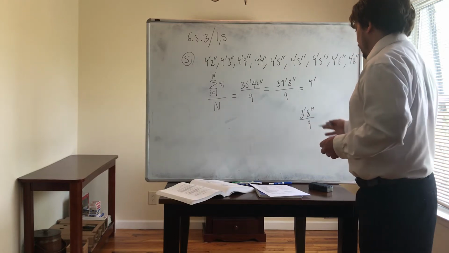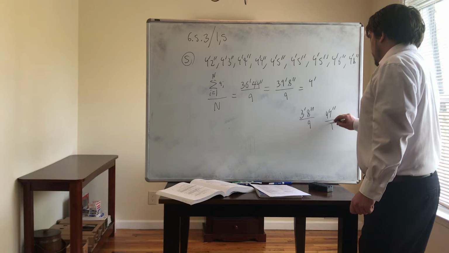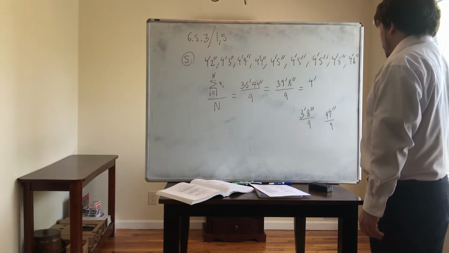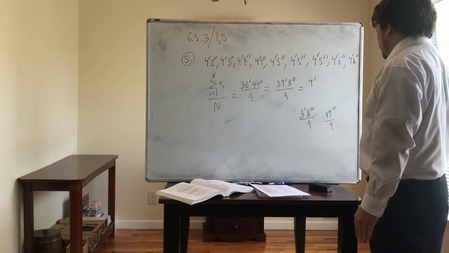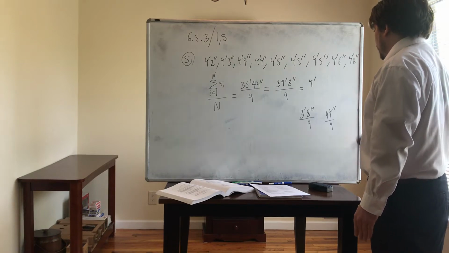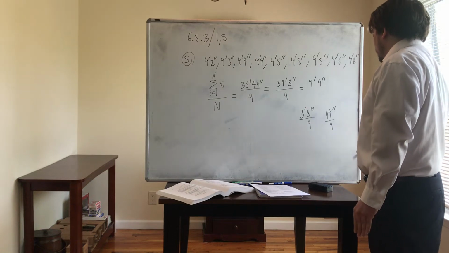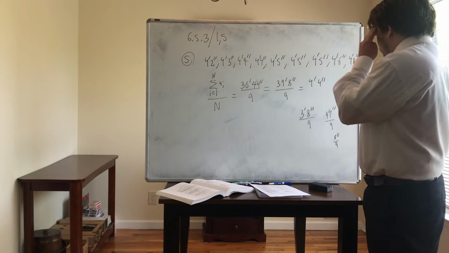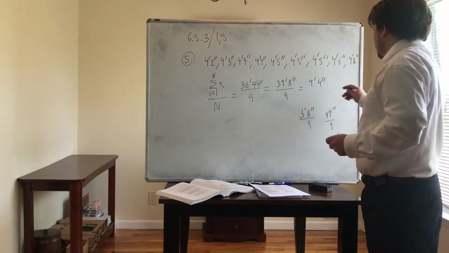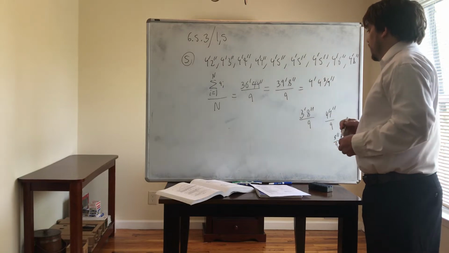And so 3 feet is 36 inches plus 8, which is 44 inches divided by 9. That's 9, 18, 27, 36, so that's 4 inches. Now this is 8 inches over 9. So then you have 4 and 8/9 inches. Okay?